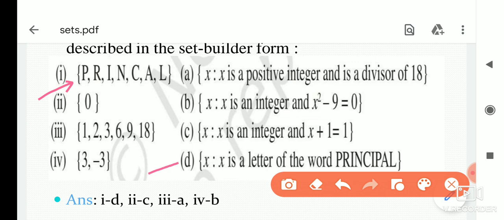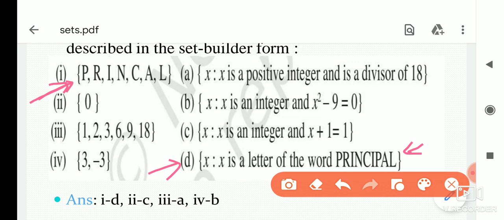So the set D here, x is such that x is a letter of the word principal. So you can see all the letters in the word principal can be represented in tabular form in set 1 of the left hand side. So you can match example 1 with the set D.